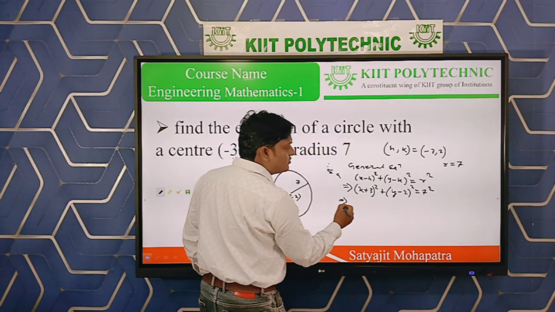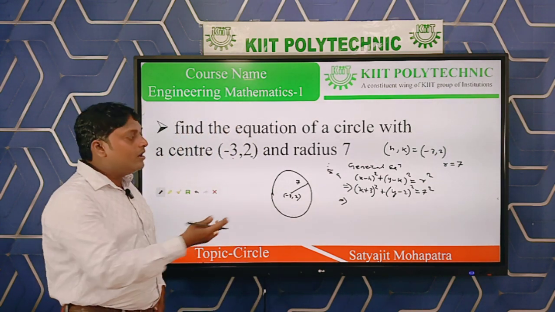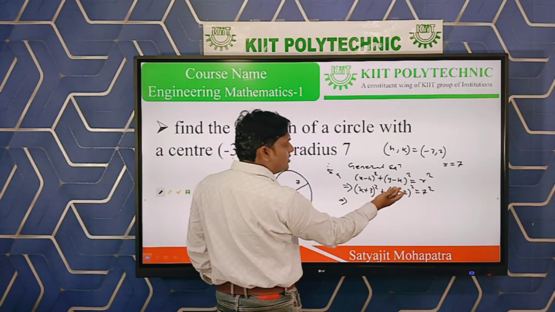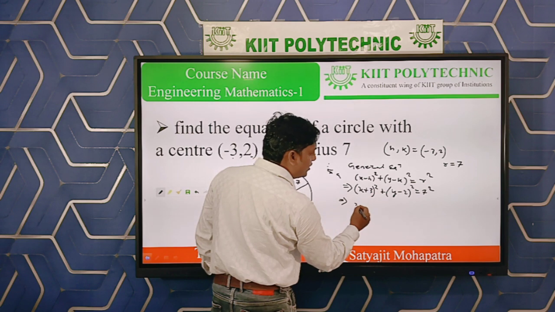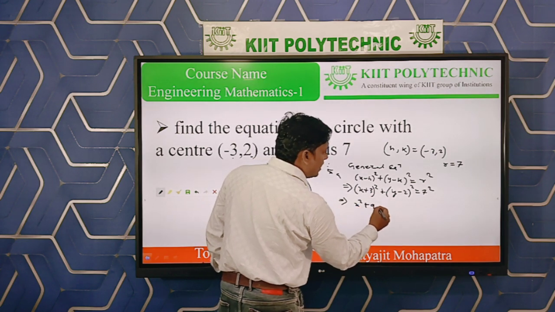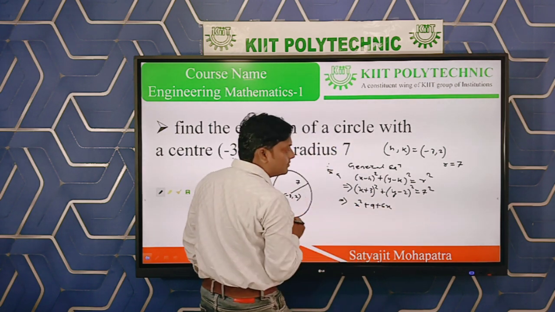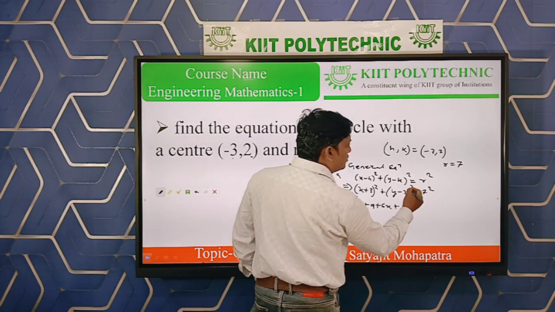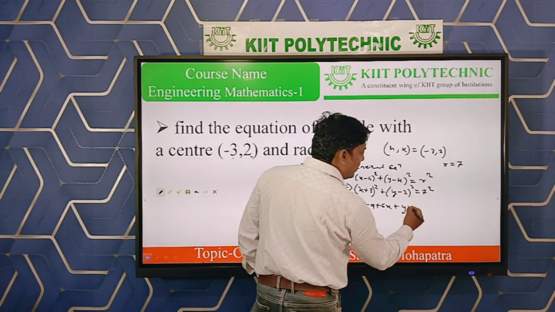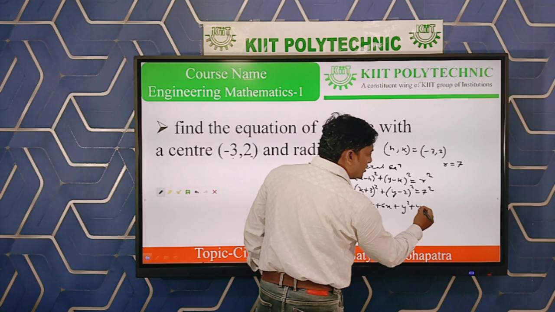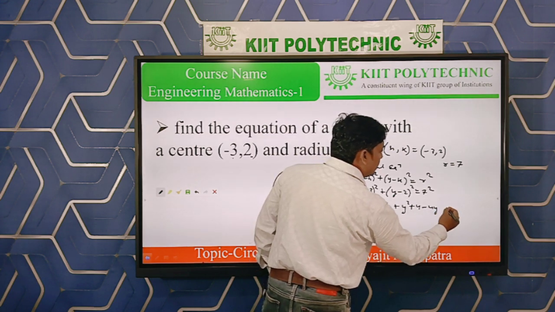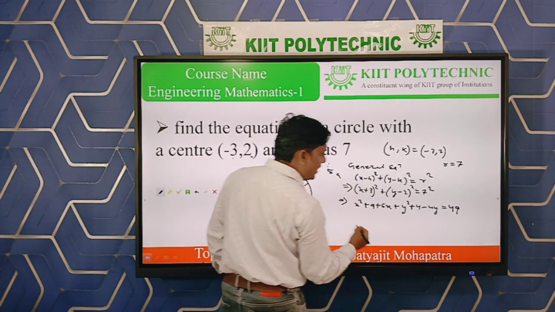Next thing is only to simplify. All of you know the formula and easily you can simplify. (a plus b) whole square: x square plus 9 plus 6x. Then (y minus 2) whole square following (a minus b) whole square: y square plus 4 minus 4y equals 7 square, which is 49.